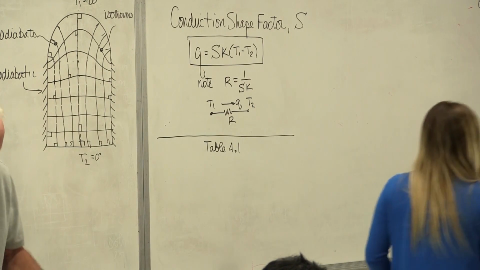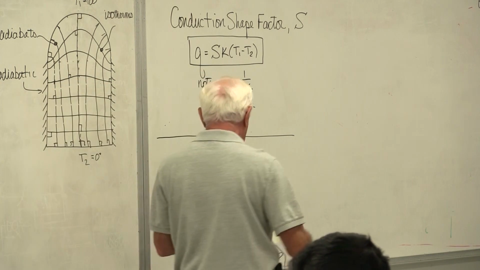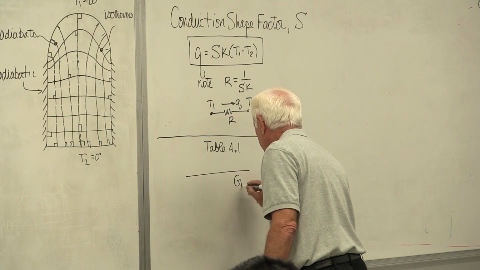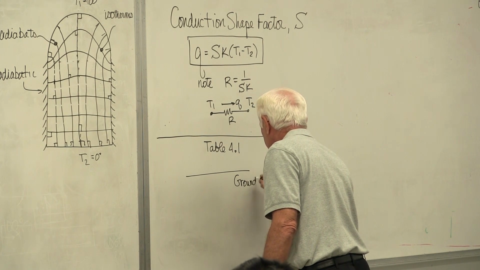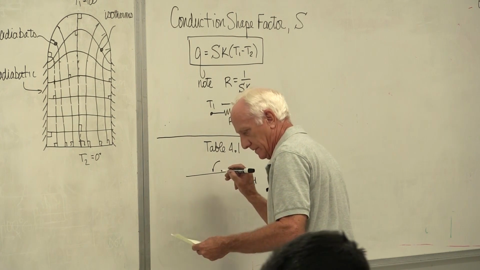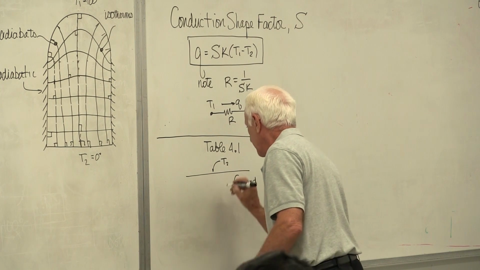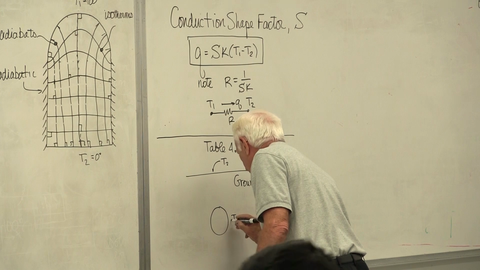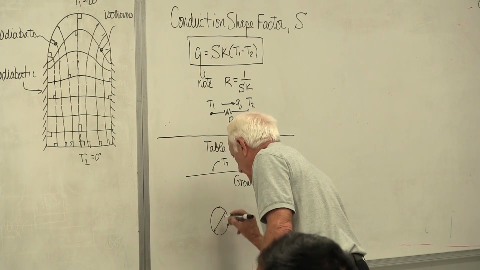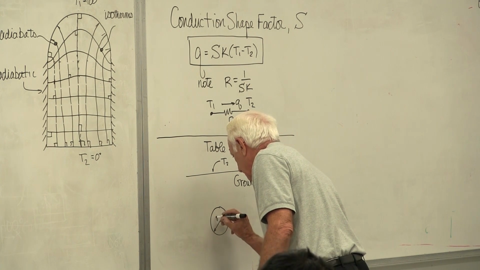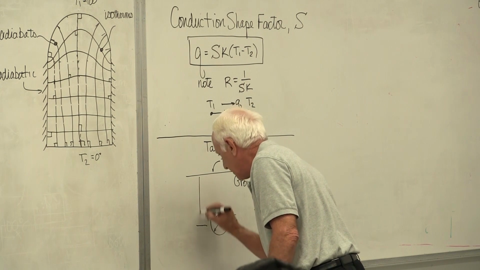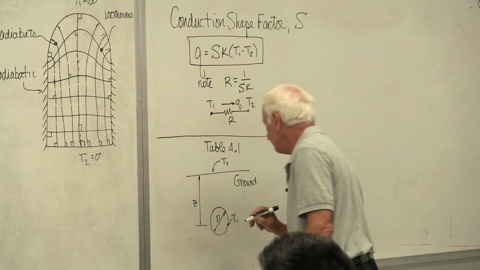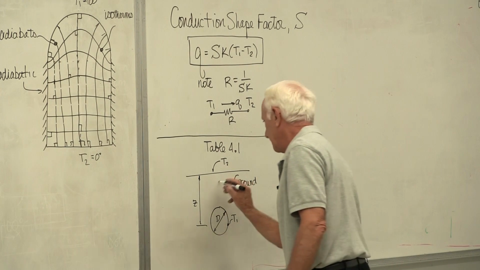Oh, here they are. Okay, this is going to be a sphere buried in the ground. Temperature here is T2. The outside of the sphere is temperature T1. The sphere has a diameter of D. It's buried to the center line at a distance of Z. And of course, here's the ground.